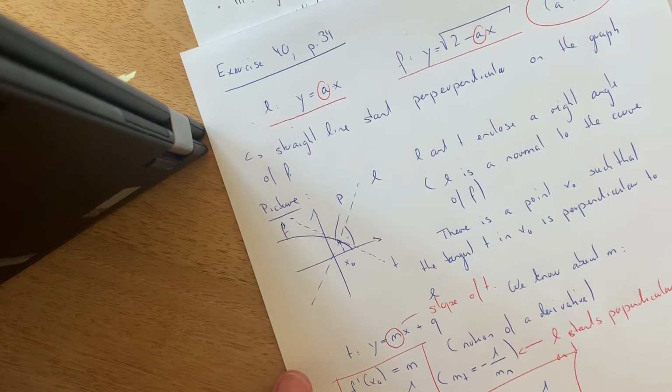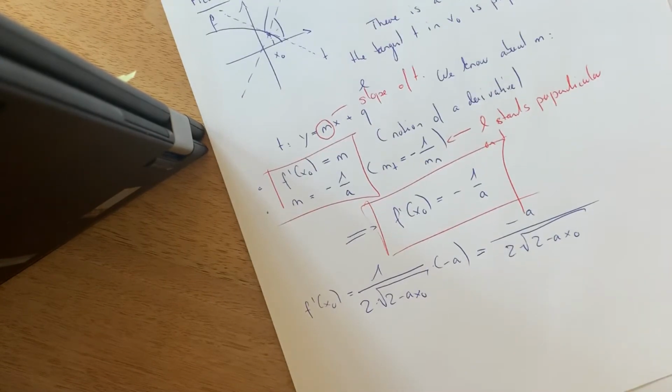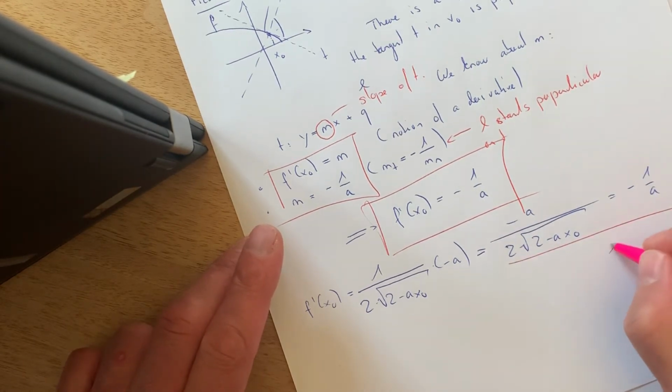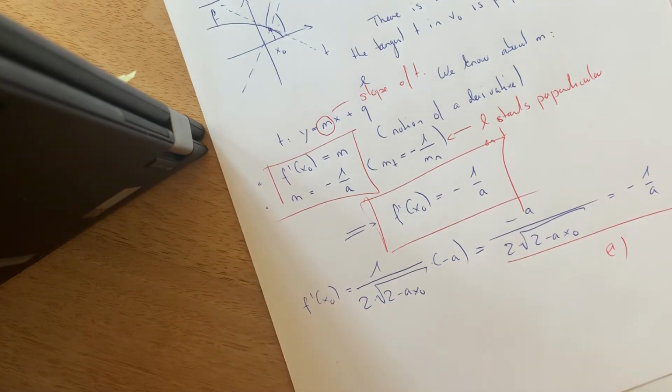That's 1 over 2 times square root of 2 minus a times x0, times the derivative of what is under the square root, which is in this case just minus a. Taking this here on the fraction line just to simplify a bit, leading to this thing here. Okay, so this is my f prime of x0, and this of course is equal to minus 1 over a, and this thing here is my first equation.